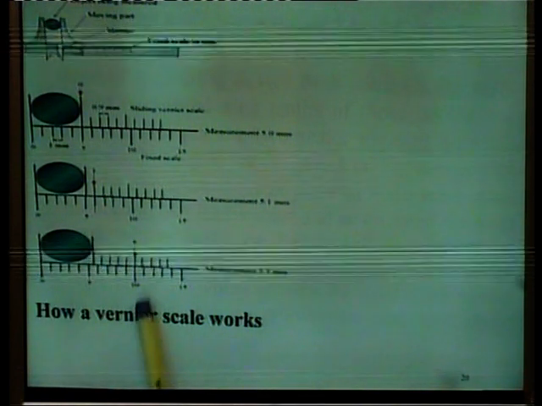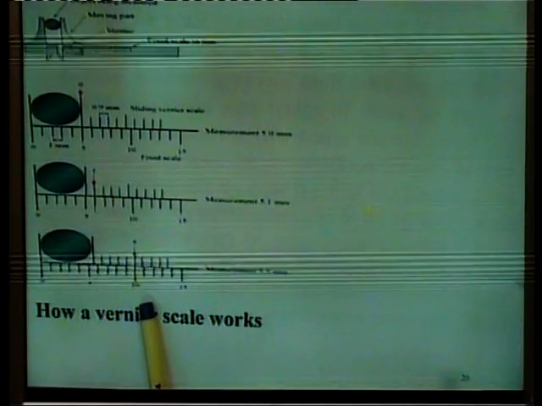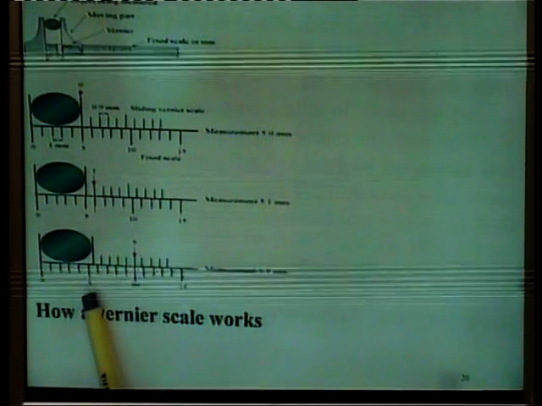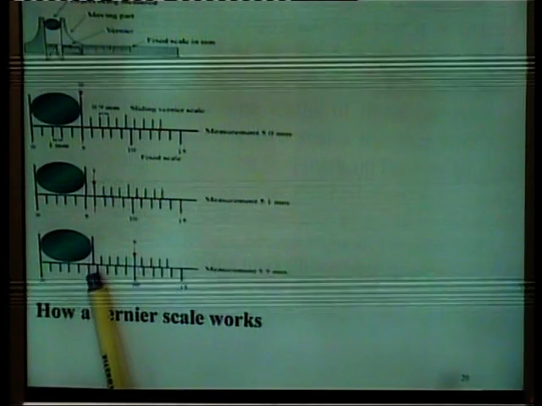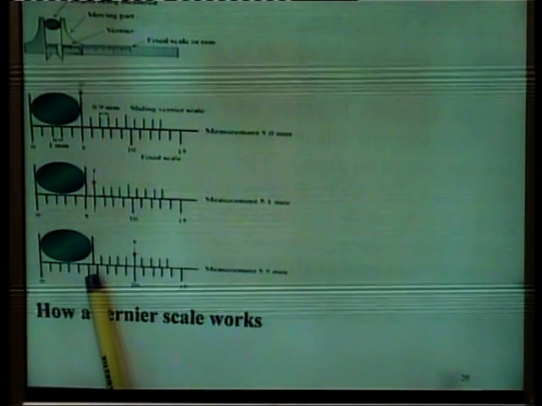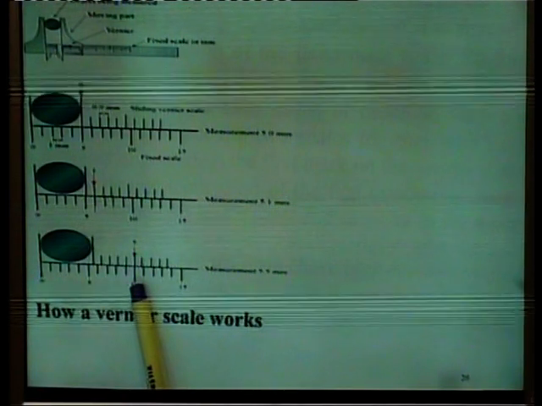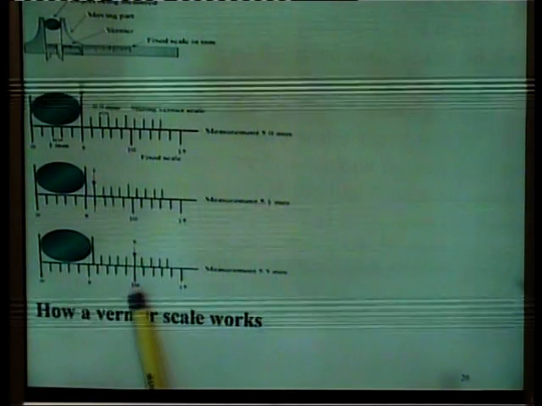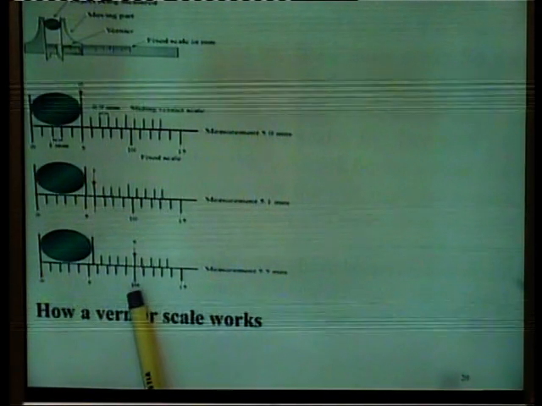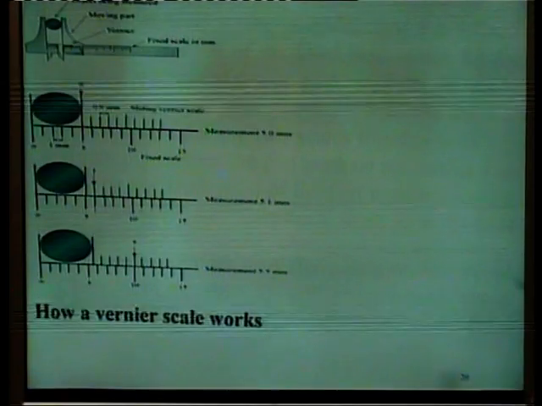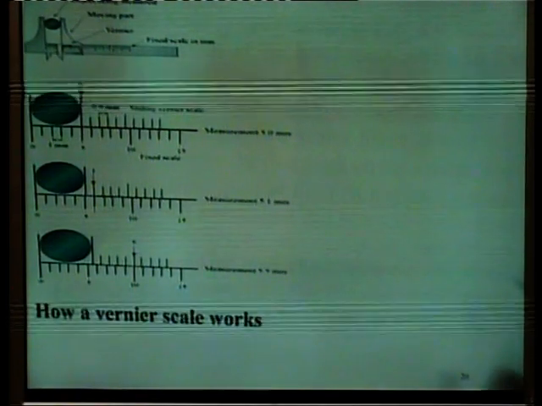Similarly, in this case, the total reading comes out to be 5.5 mm, as the 5 comes just to the left of the 0 of the vernier scale, and the fifth position of the vernier scale coincides with this level of the main scale. So the total reading is 5.5 mm in this case.